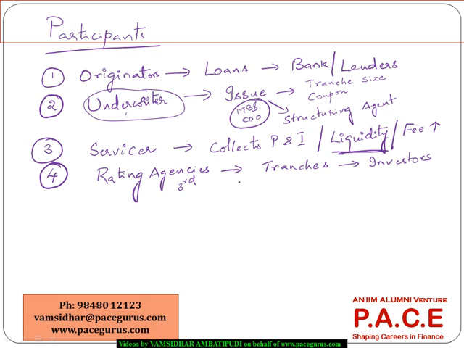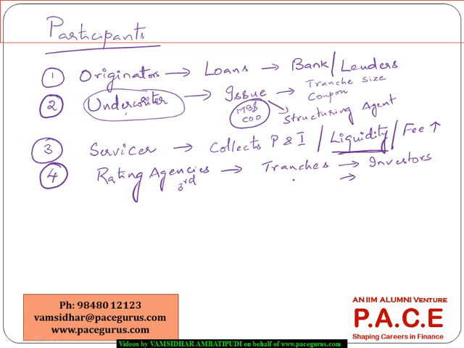They do not belong to the underwriter or the originator, and they play an influential role in deciding the size of each of the tranches, and based on that, assigning the appropriate credit ratings.